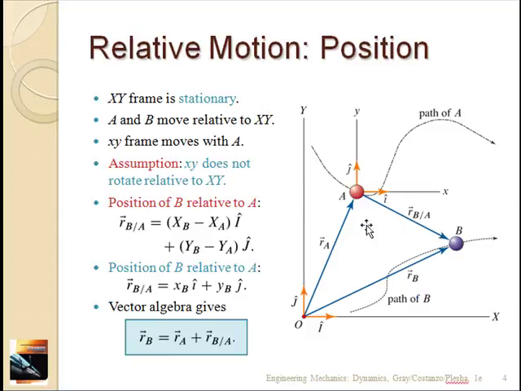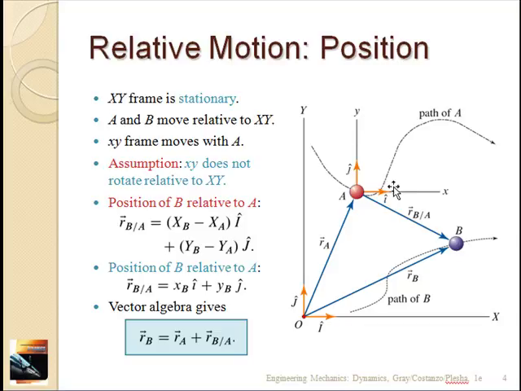Okay, so we think of it like this. We have a static system, capital XY, which is stationary. And then on particle A, there's a coordinate system moving with the particle, and that's little x and little y. So this little x and little y system is moving at the same velocity as A. For this discussion, we'll assume that it does not rotate.